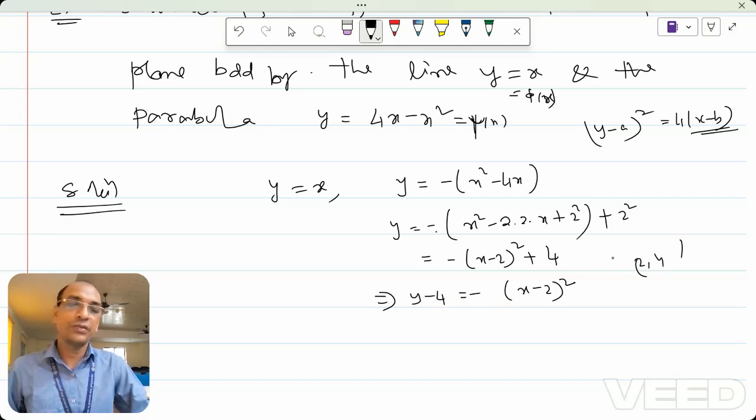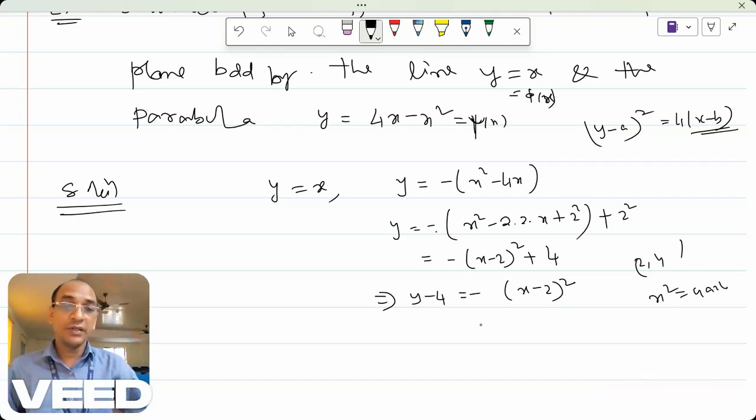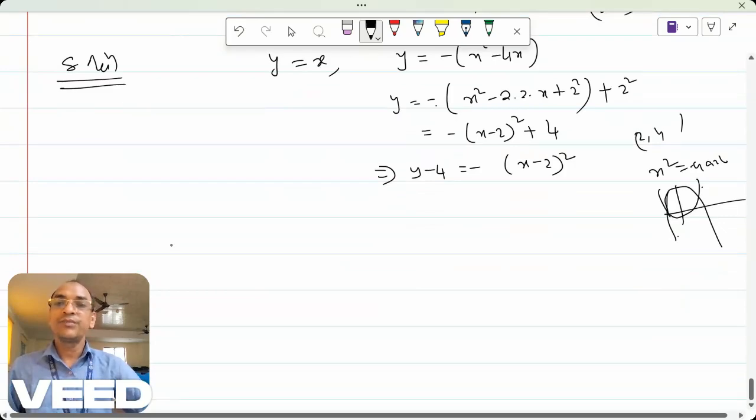Okay, the vertex is shifted to 2 comma 4, but it is a parabola similar to x square equal to 4ay. Since the negative sign is there, we will have the opposite. It will open towards down, and so we will sketch the graph like this.